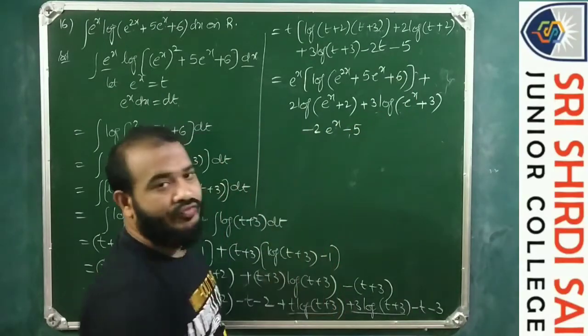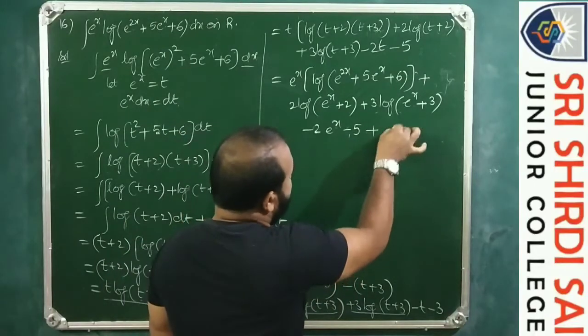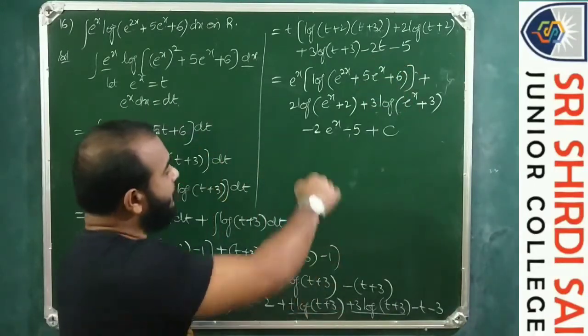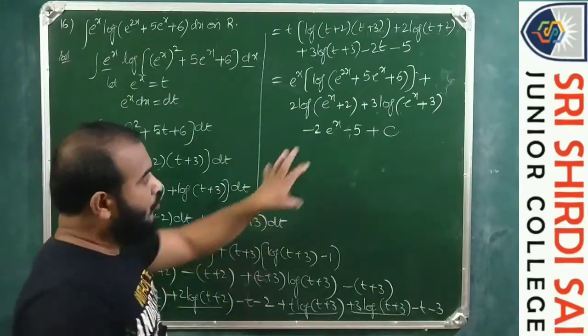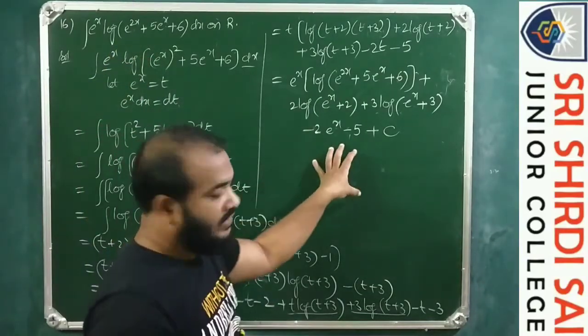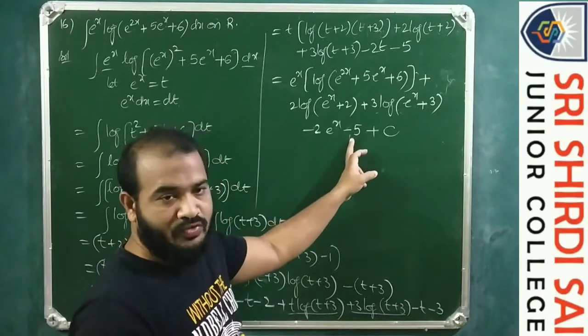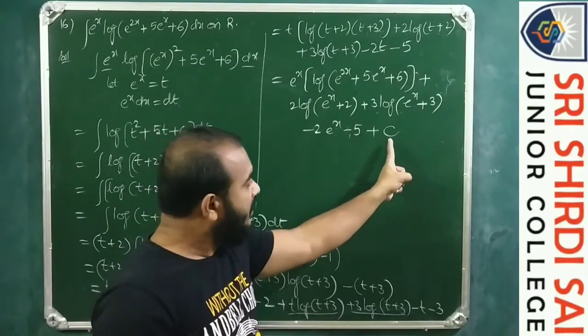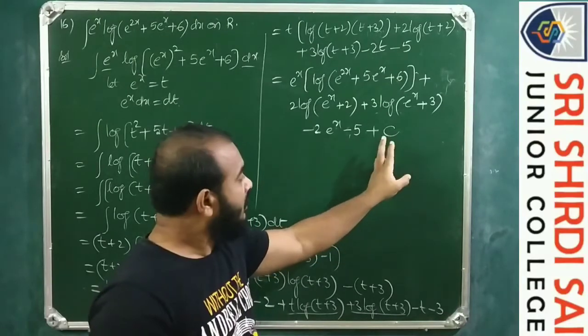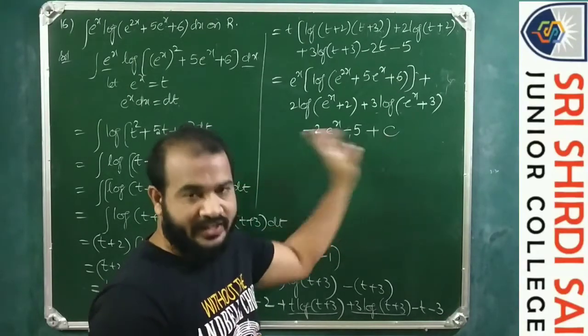So since this is the final answer, I am adding plus c at the end of the answer. So this is the final answer for this. If you see the textual answer, then actually minus 5 is missing, because plus c is the constant of integration, and this is said to be the indefinite integration.